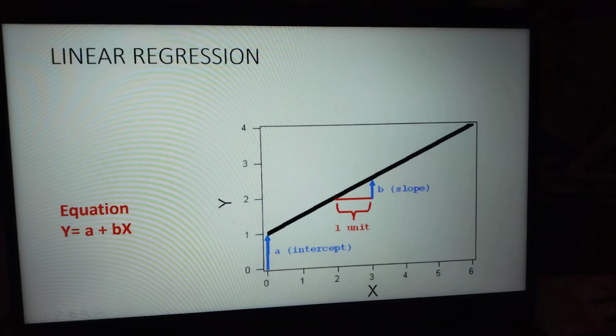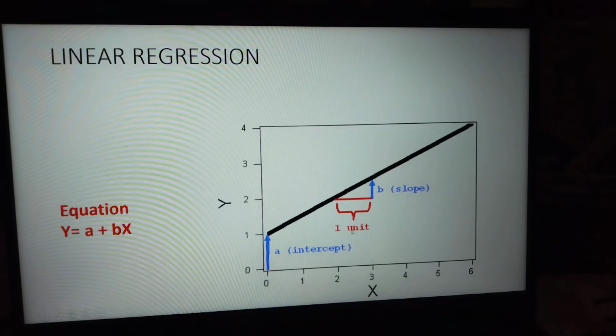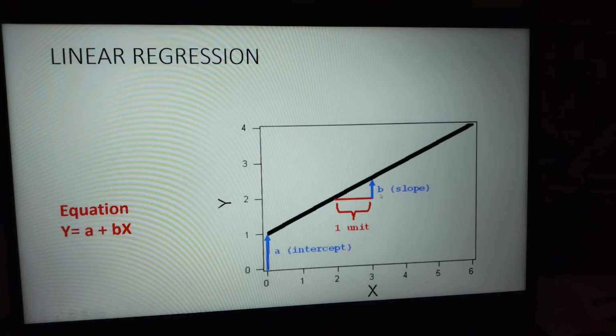So if one unit change occurs in the x variable, the same one unit change will occur in the y variable also, and this change is denoted by the slope, which is small b.